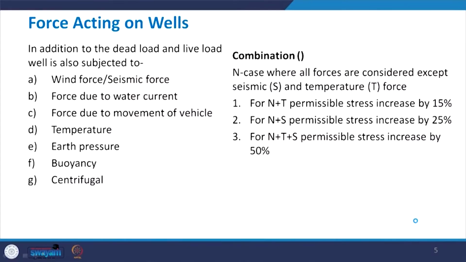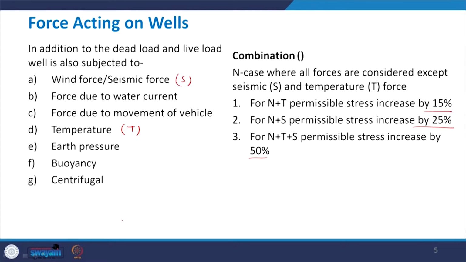So, what we have here, T stands for the temperature, S stands for the seismic forces. For N plus T, permissible stress is normally increased by 15%. If you are considering seismic forces, then the permissible stresses are increased by 25%, and if both thermal as well as seismic are considered, then permissible stresses are increased by 50%. In this list you have temperature, and seismic.